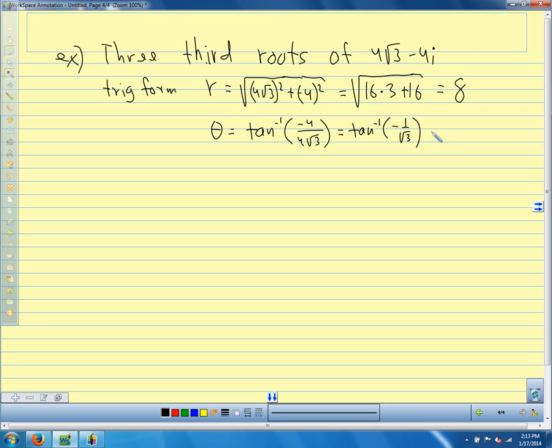So what's our angle in the fourth quadrant that gives us a tangent of negative 1 over square root of 3? 330, or 11 pi over 6. So theta is, we can say 330 degrees, or 11 pi over 6.